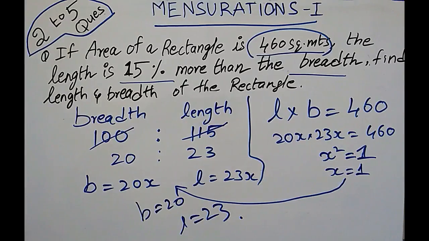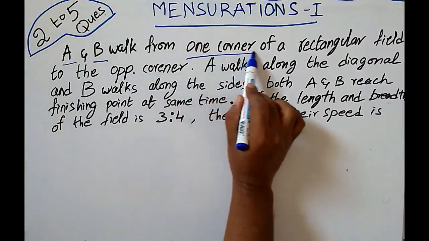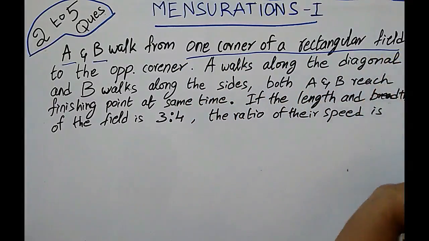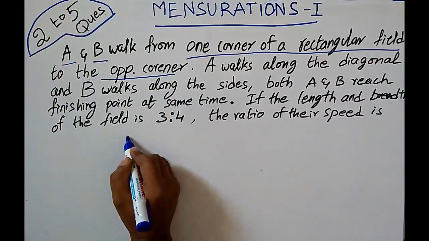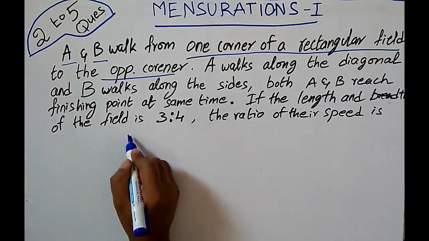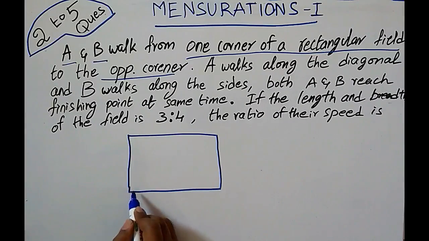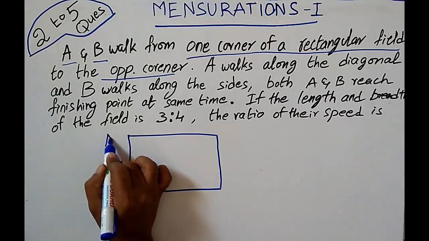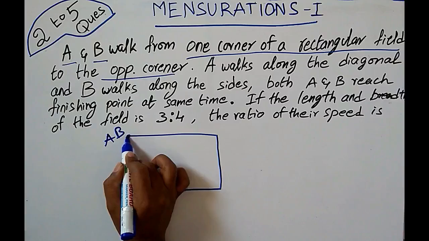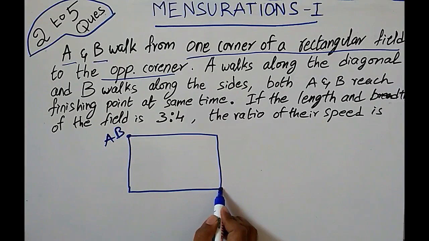Okay friends, A and B walk from one corner of a rectangular field to the opposite corner. There is a rectangular field, and here let us suppose that A and B start from this corner and walk to the opposite corner, which is diagonally opposite.